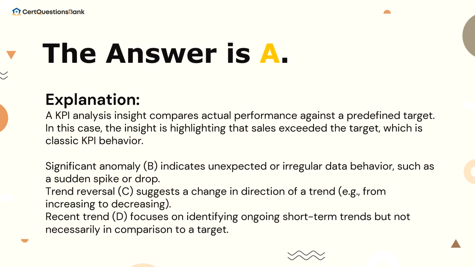Trend reversal, C, suggests a change in direction of a trend, e.g., from increasing to decreasing. Recent trend, D, focuses on identifying ongoing short-term trends but not necessarily in comparison to a target.